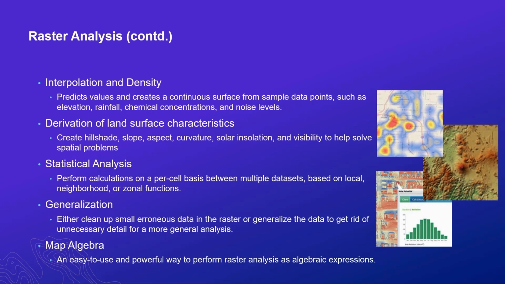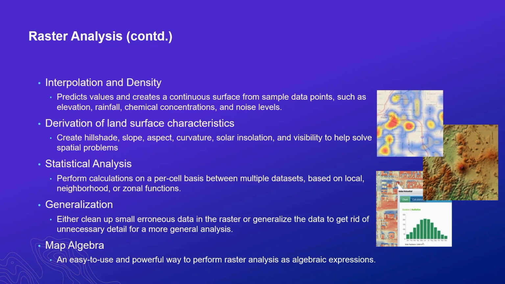There are many other areas where you can also perform raster analysis. Interpolation and density is an area where you get your observed data and then create either a continuous surface or you actually predict the value, like a density and stuff like that.